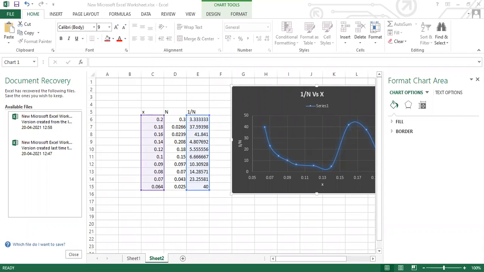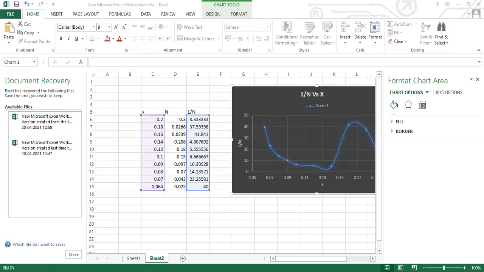0.064. So here we have to take this one. Now we have to draw a line in between it, from here to here. How many boxes are there?